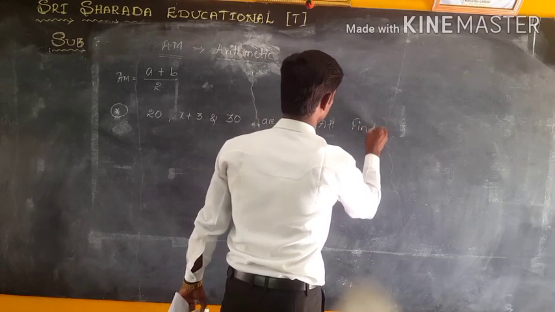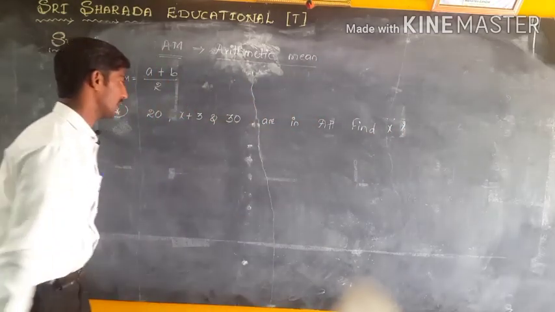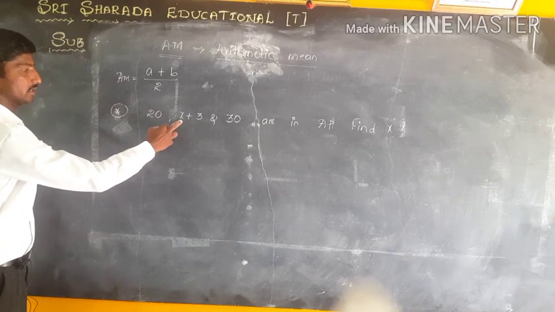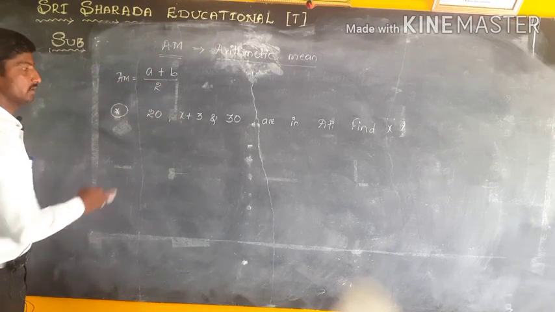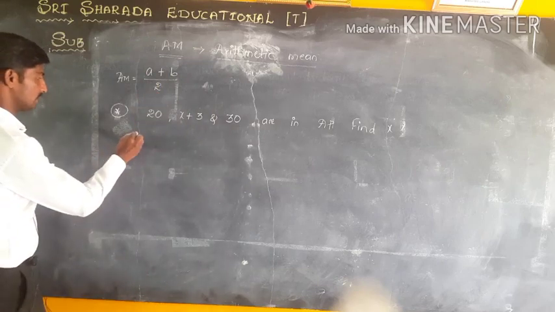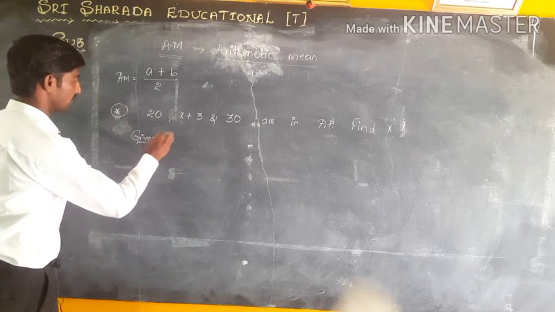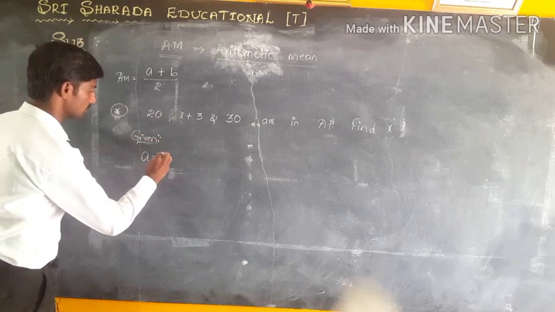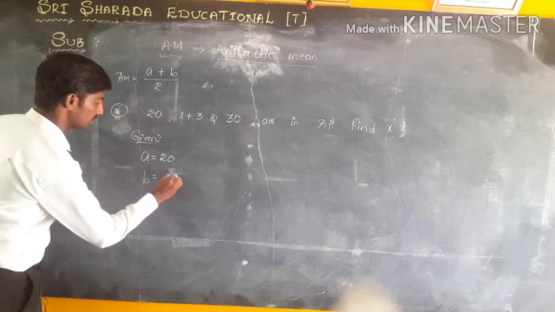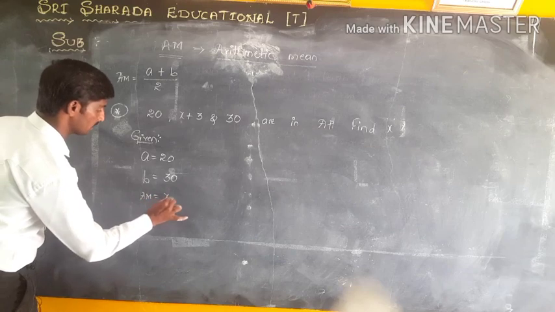Find x. They may ask you a question like this. What number do we have to take in the place of x if the 3 terms are in AP? First of all, write down the given data. What is the given data? A is equal to 20 and B is equal to 30 and arithmetic mean AM is equal to x plus 3.